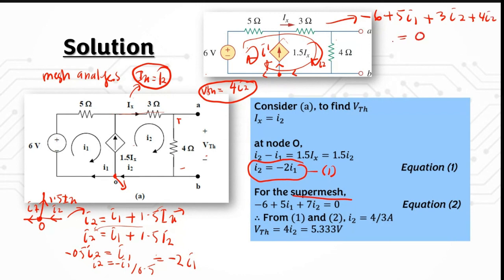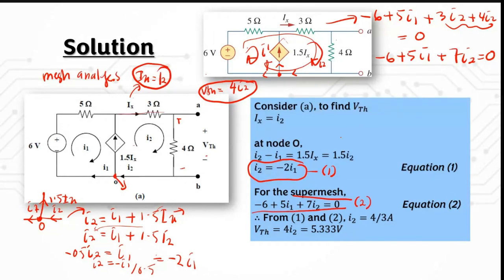So when you simplify, you're going to have negative 6 plus 5 I1 plus, combining this value, 7 I2 equal to 0. Okay, so that's why you will have this as your equation 2.